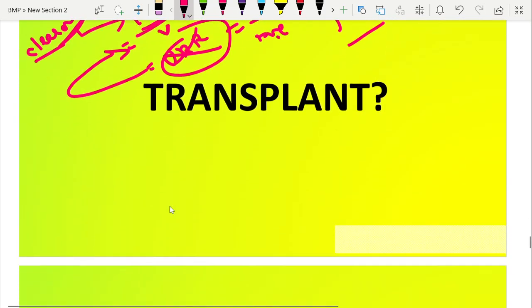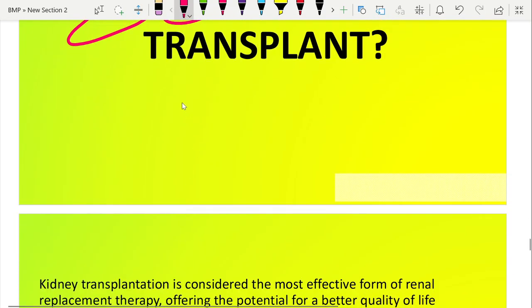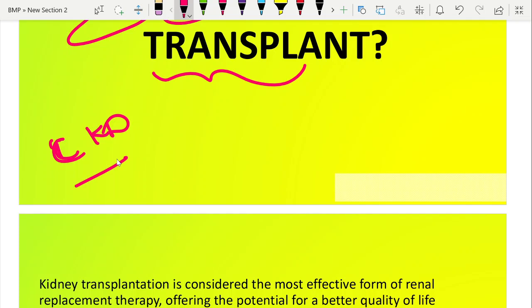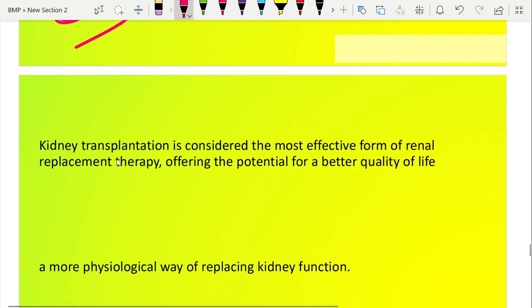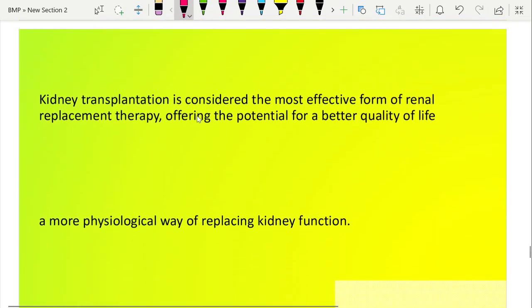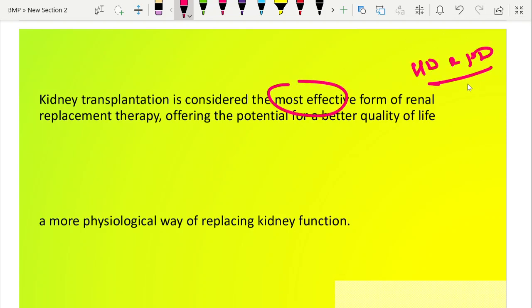Third one, transplant. Students ask the question, sir, is transplant an RRT? Yes, transplant is also a form of RRT in CKD patients because it is replacing the kidney function. In technical terms, it is considered the most effective because hemodialysis and peritoneal dialysis won't replace the endocrine function.